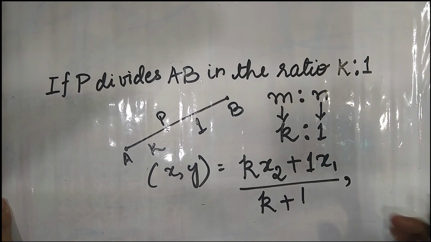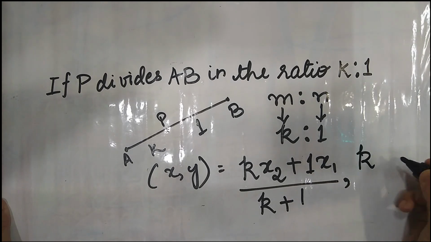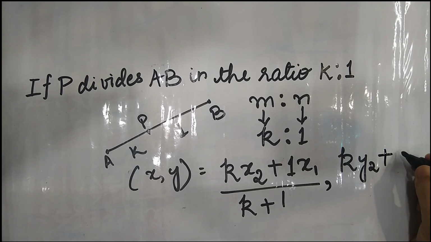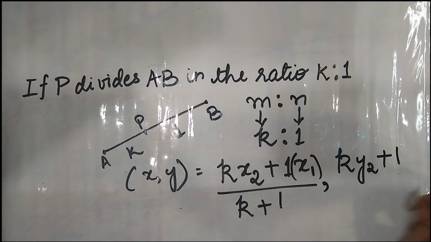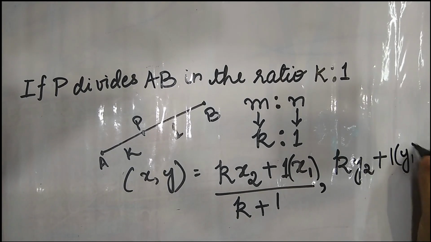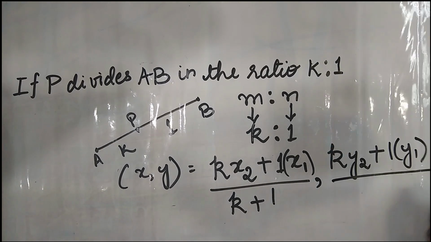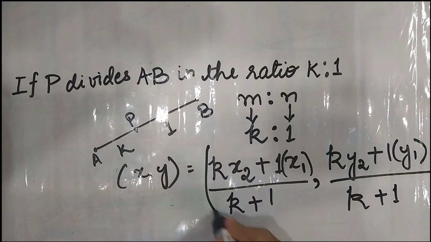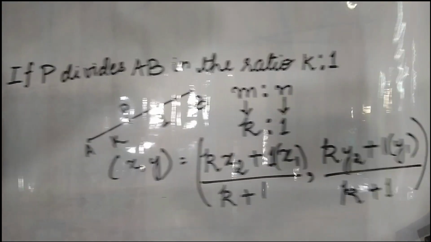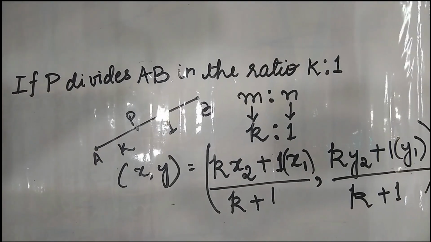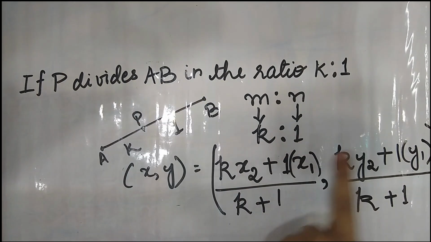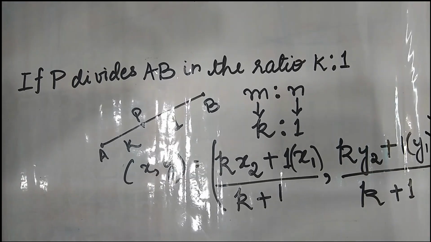Now for the y coordinate, it will be ky2 plus 1 into y1 divided by k plus 1. So this is the coordinate that you get for P dividing AB in the ratio k is to 1.